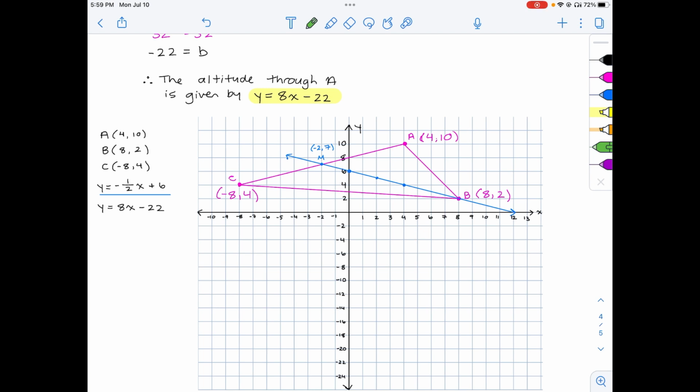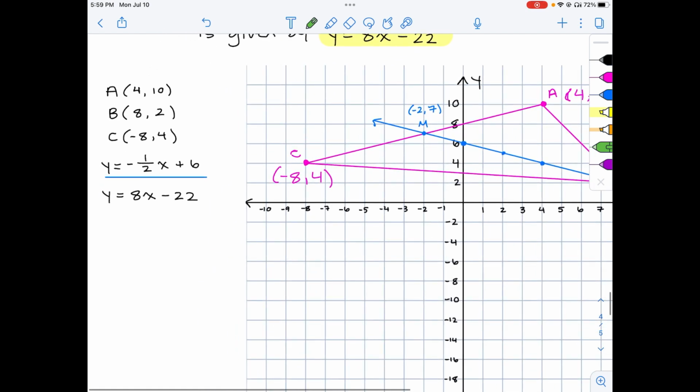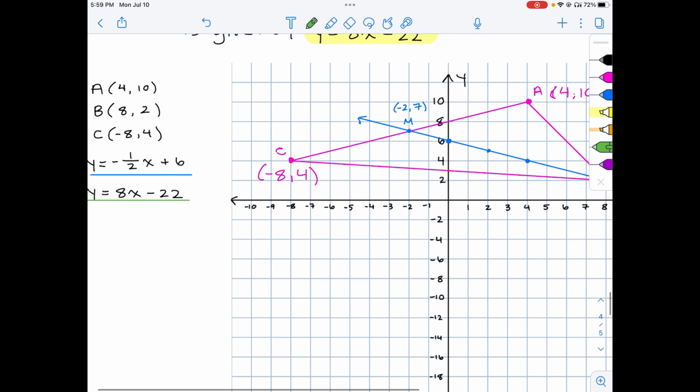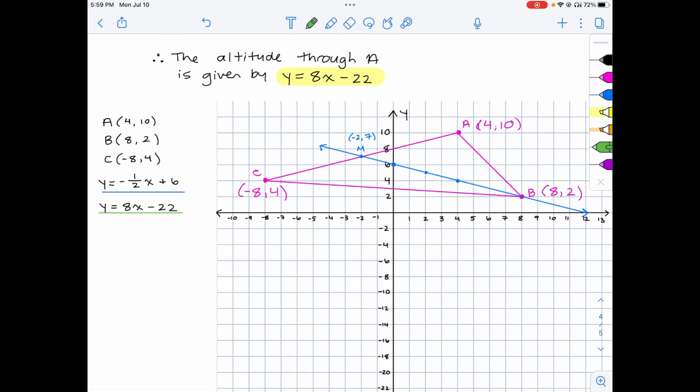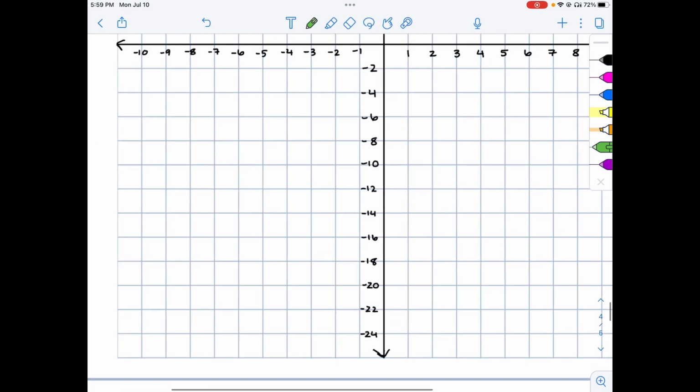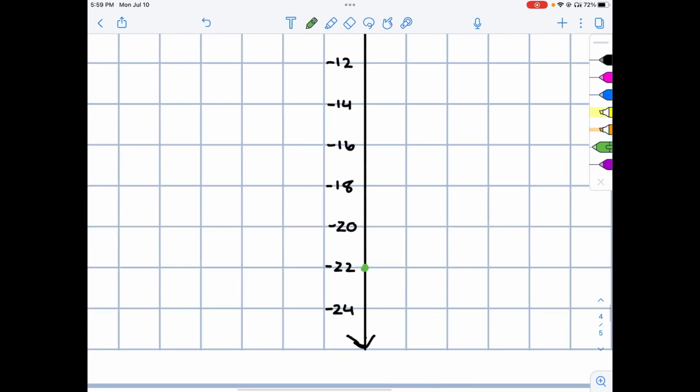Then we are also going to graph the altitude through A. This one is going to cross through vertex A and be perpendicular to line BC. Again, I'm going to start with my first point being the y-intercept, which is here all the way down at -22.